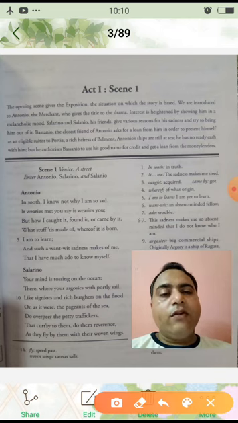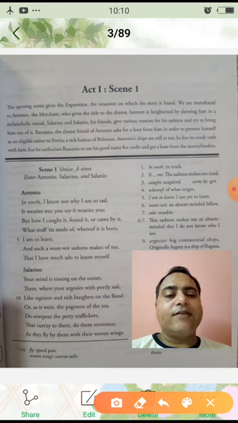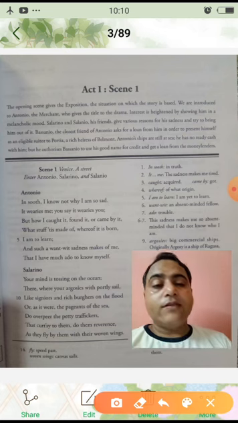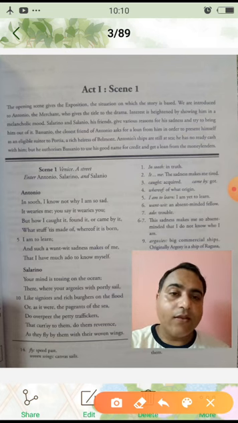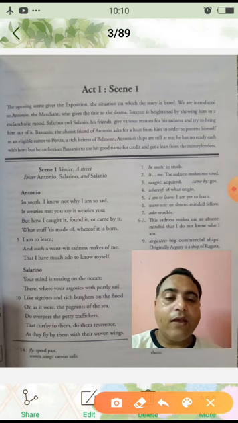Then, Antonio's ships are still at sea. When Bassanio asks for a loan, Antonio doesn't have ready cash with him, because his ships are still at sea.